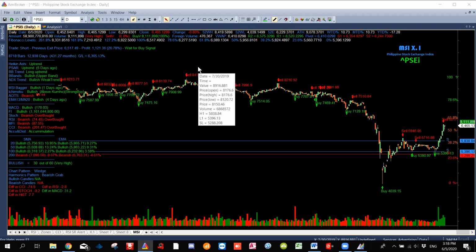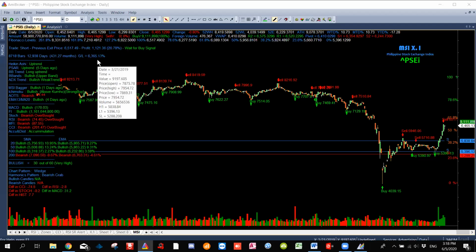Then it would retrace back to the support level, or it will go back up to the resistance and it will penetrate it. Then susunod na yung next na Fibonacci level, which could be your next target price. So Fibonacci levels will serve as your support and resistance levels.